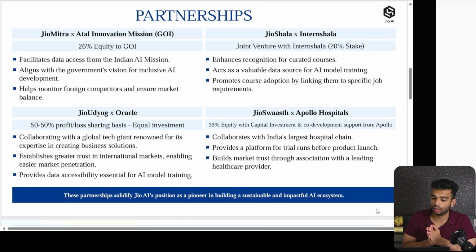And of course, we also discussed the rationale behind giving this particular partnership stake to each one of these stakeholders. And what are the advantages, and why is it that this particular stakeholder should be chosen? Those are the things that we have included in this particular slide.